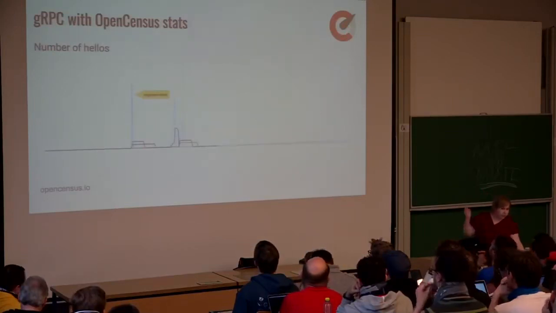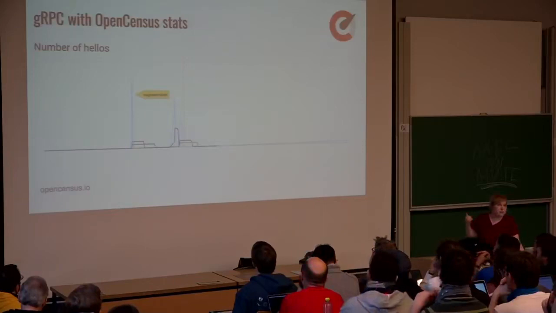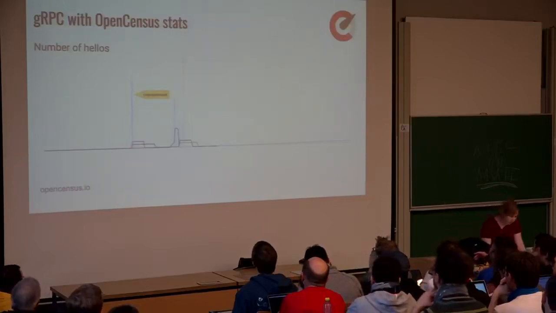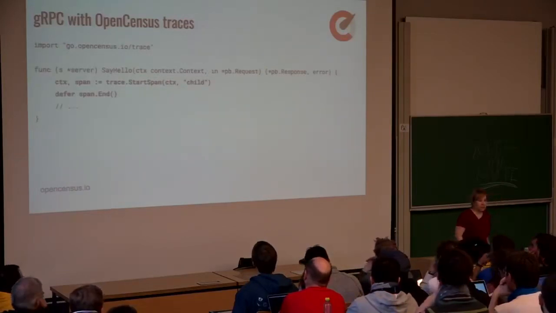You can break down the data by dimensions. In this case, the baby blue one is the total number of hellos from the RPCs originated at the out service. The purple one is the ones coming from the billing, and the other two colors are representing other services. The gRPC plugin also automatically creates traces for the incoming and outgoing RPCs.